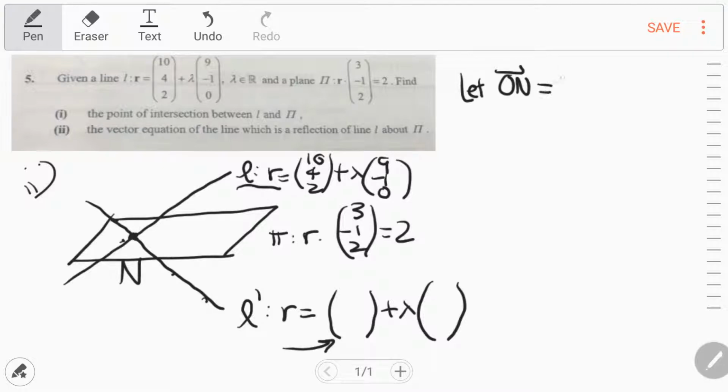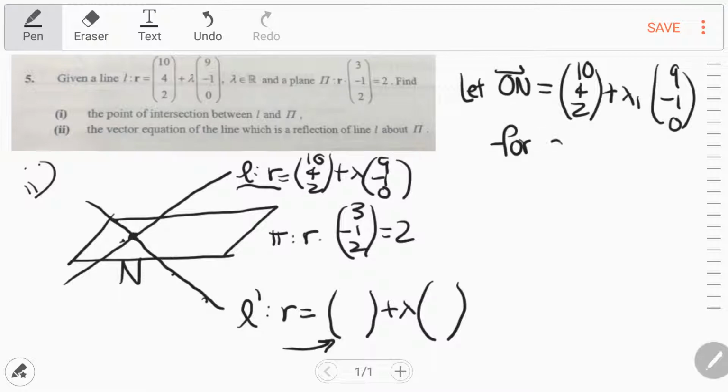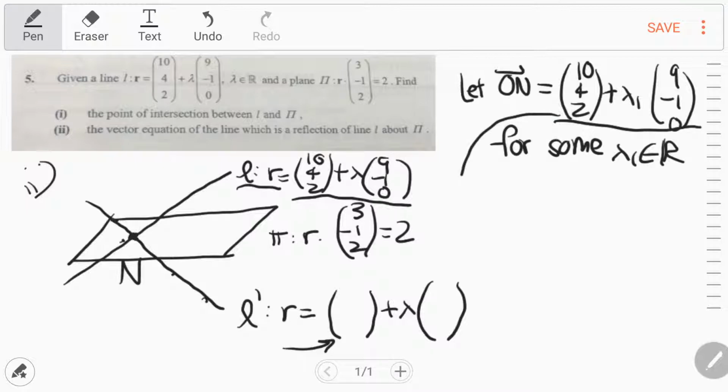So let ON be (10, 4, 2) plus lambda 1 (9, -1, 0), for some lambda 1 an element of real. I will substitute this entire ON into the plane to find the point of intersection between this line and the plane.